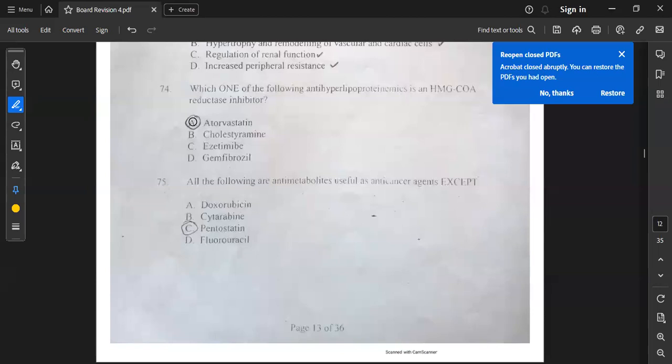All of the following are antimetabolites useful as anti-cancer agents, except. So which among the choices given is not an antimetabolite? Black Panther and Spider-Man are saying choice C, pentostatin, is not an antimetabolite. Anyone with a different opinion?